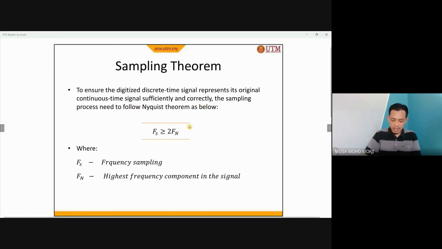Okay. And why, the one that I mentioned, the audio CD, the frequency sampling is 44.1 kilohertz. So why is that? Because half of 44.1 is actually 22.05 kilohertz. So what is actually 22.05 kilohertz? That one is for normal human. So that's the maximum that we can hear.